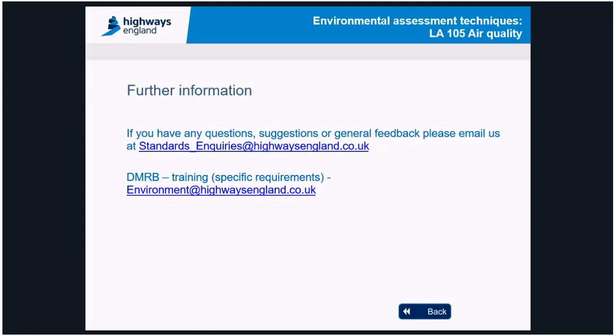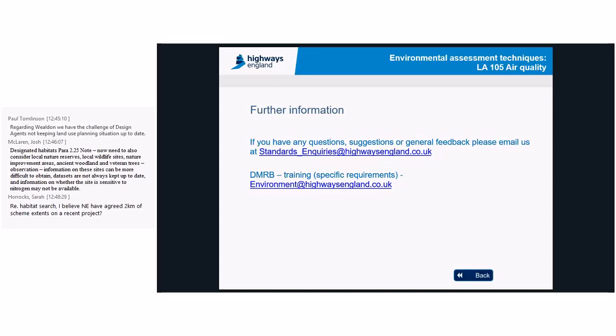So another one from Sarah. So Sarah, the footpath for compliance is relevant exposure. I think this is what you're asking me.